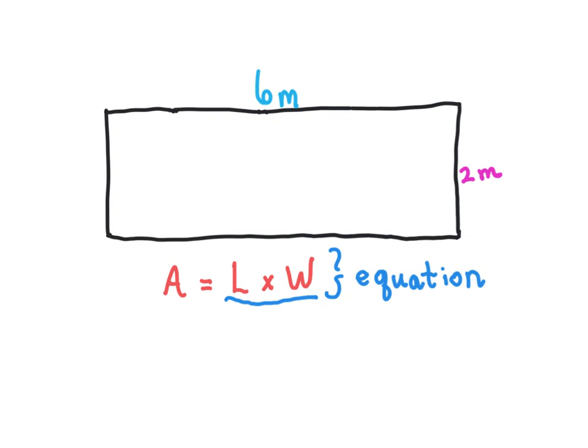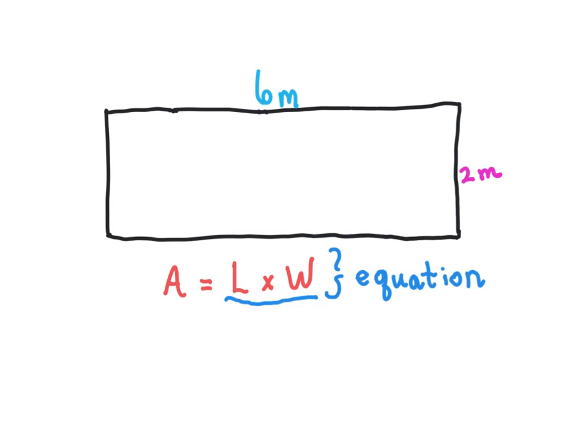So here you have a rectangle that has a length of 6 meters and a width of 2 meters. Now we actually have a unit of measure, which is meters, whereas before we didn't, we just called it units. So here are our factors, 6 meters and 2 meters.